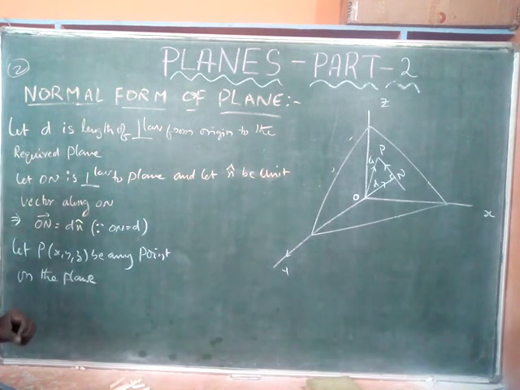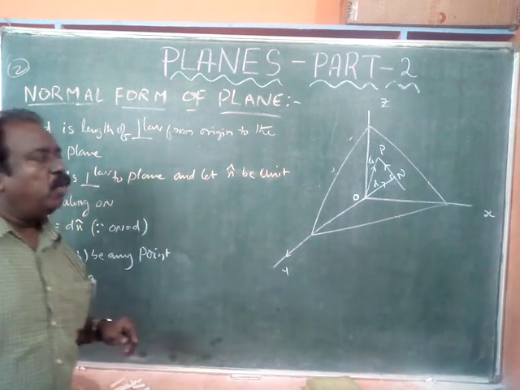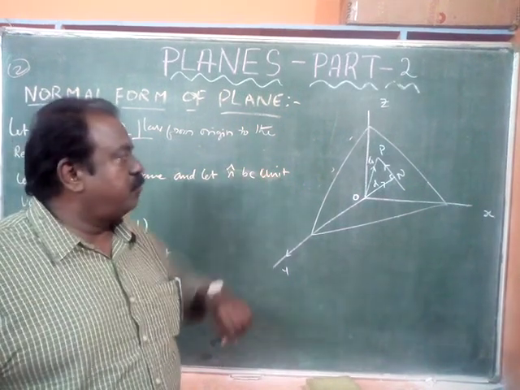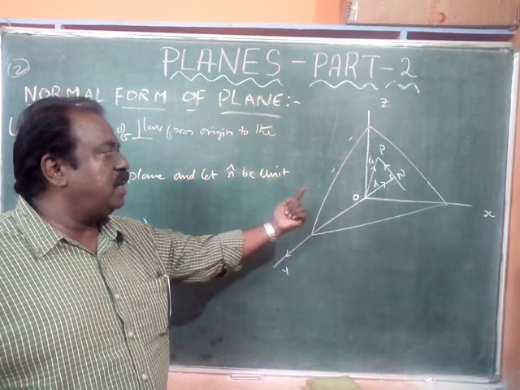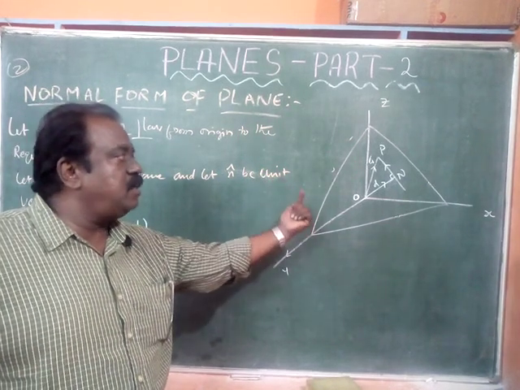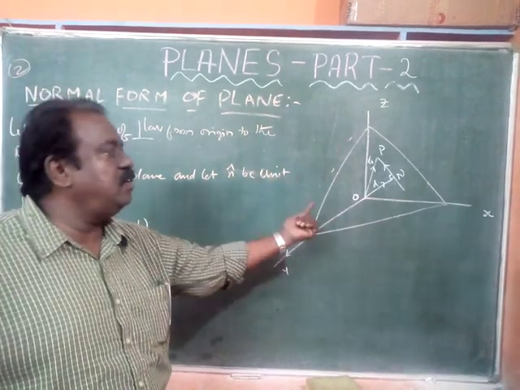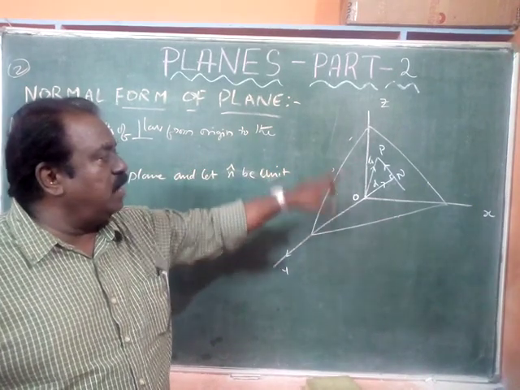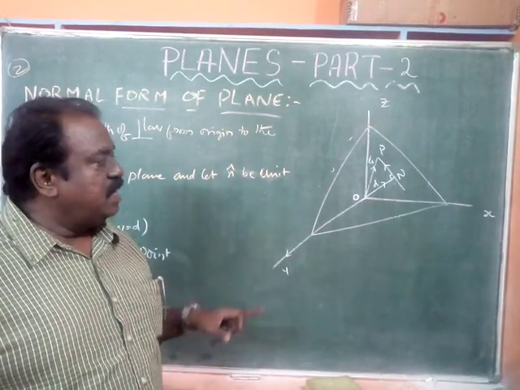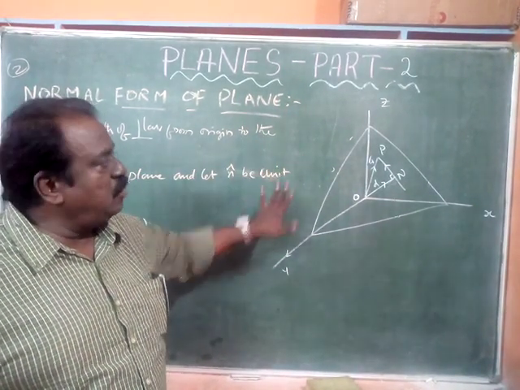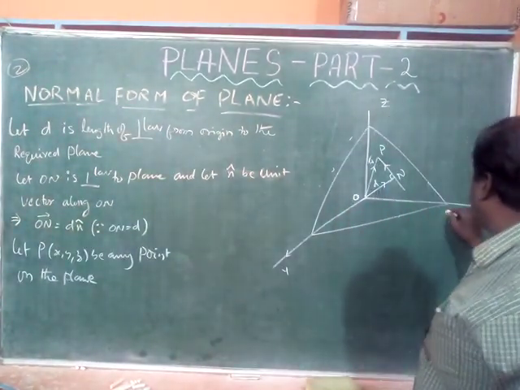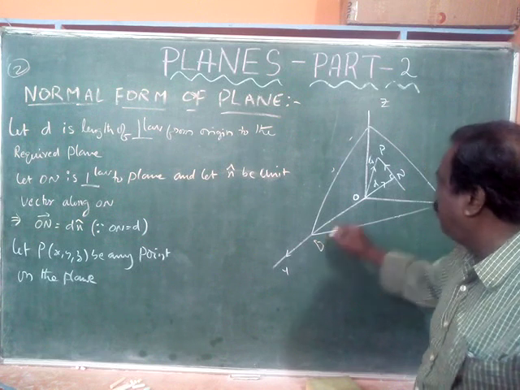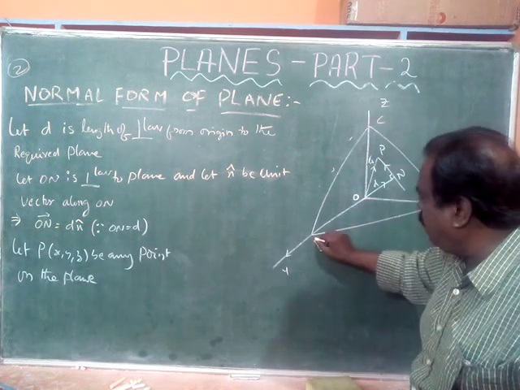Observe. We are given a plane, and a perpendicular, a normal from the origin to the plane. ON is a normal to this plane ABC, we assume. It is somewhat difficult to understand.